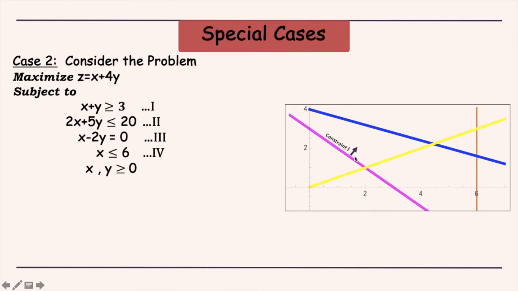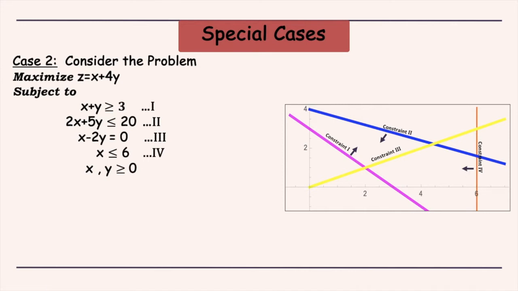Corresponding to the second constraint, the feasible region is given by this boundary line, which is the blue line, and the region is in the downward direction. Now the third constraint is an equality constraint, so the yellow line here corresponds to the third constraint, and the fourth constraint is given by this red orange colored boundary line, and the feasible region is towards the origin in this particular direction.